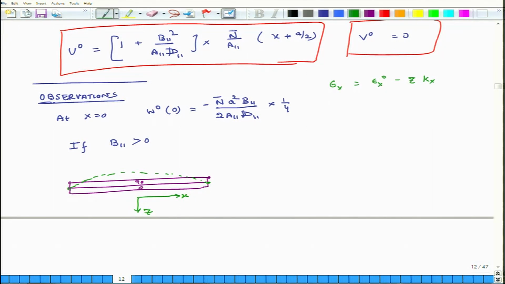So, if it goes down, it would be considered a positive displacement, but it has to be negative. Because B11 is positive, n bar is positive, a square is positive, but there is a negative sign here, the midplane deflection of the plate is going to be negative, which means it is going to bend upwards.